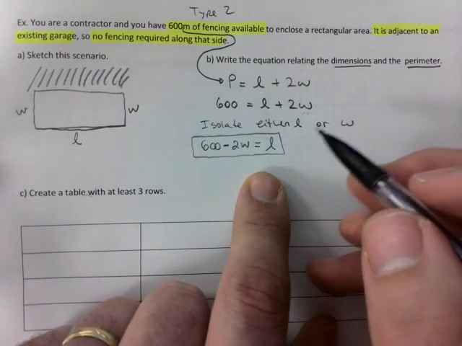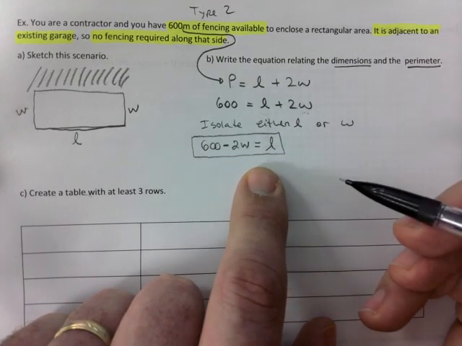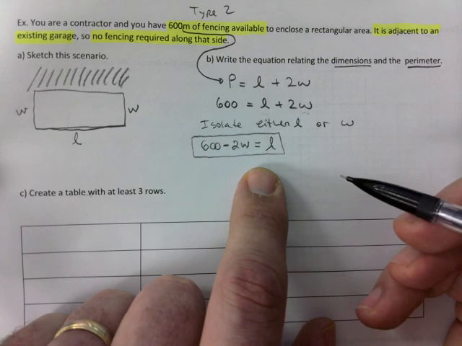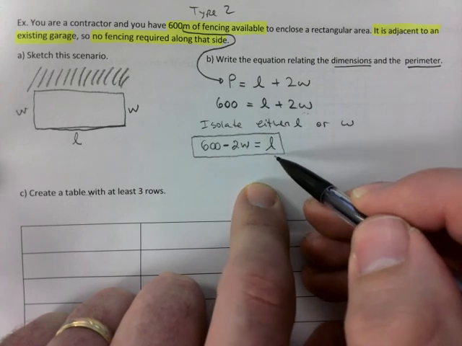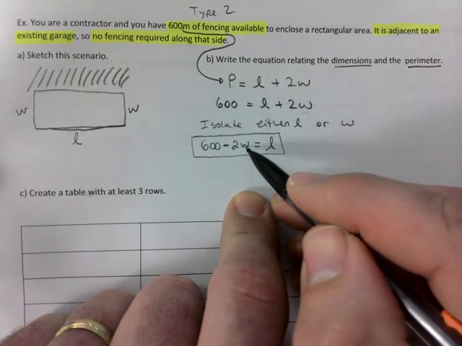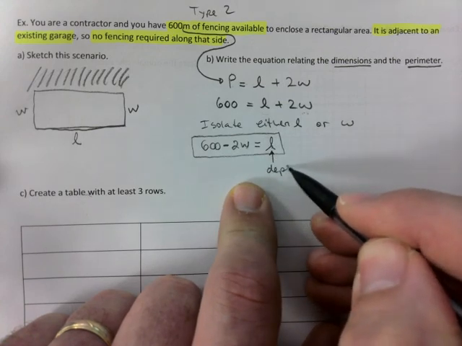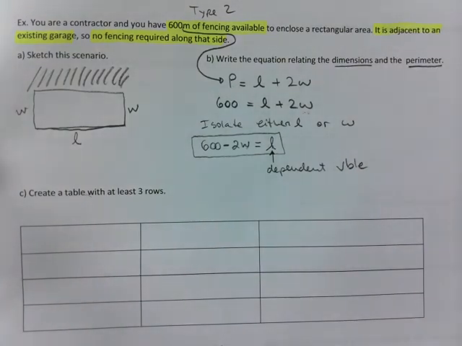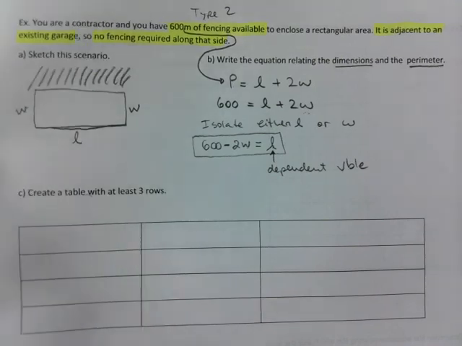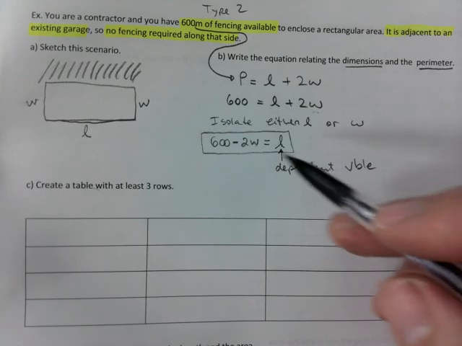This is IPR, and I apologize. It doesn't go away. Which one of these two is your dependent variable? L is your dependent, yes. In this case, because L depends on what W is, this is your dependent variable. And I just noticed that I made a mistake. That's what happens every once in a while. I'm going to go back one page and just double check.